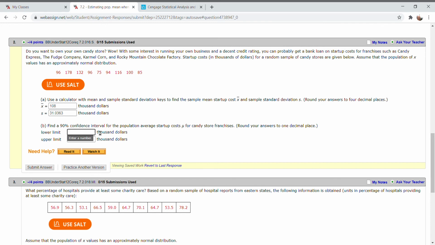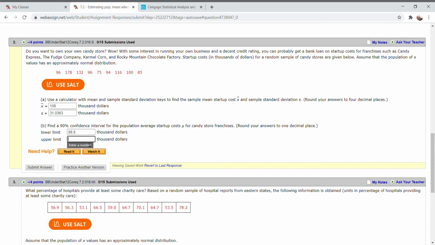Now the lower limit is X bar, which is 108, minus 19.237. 108 minus 19.237 is 88.76. We're asked to round to 1 decimal place, so it's 88.8.